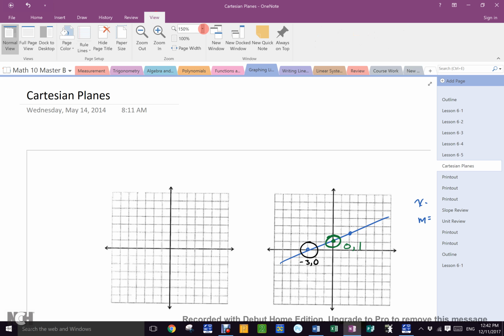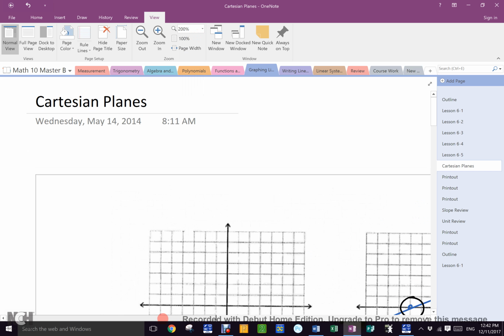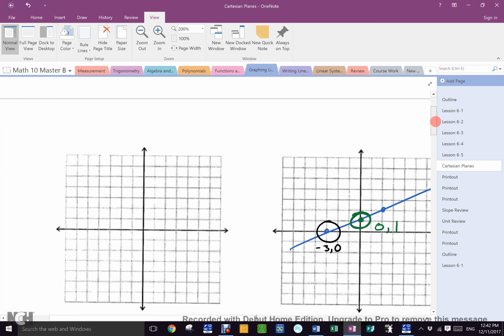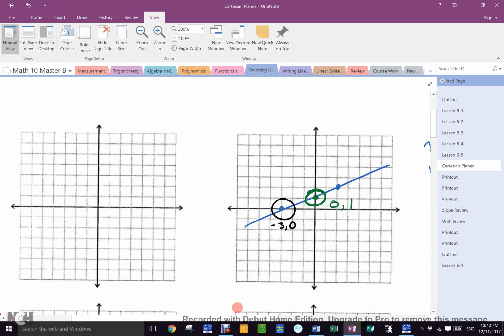Without writing it down, just using your brain, tell me how to graph this.